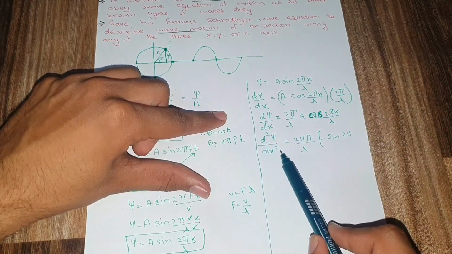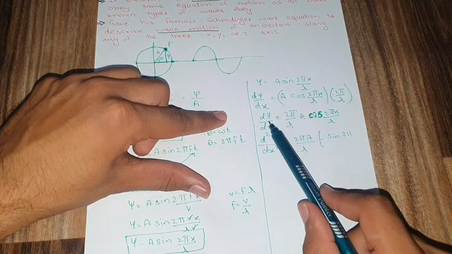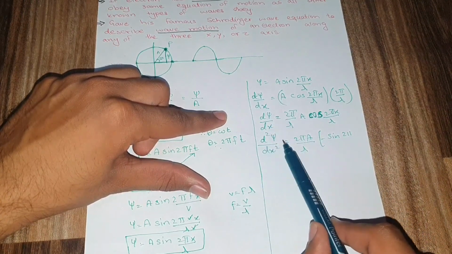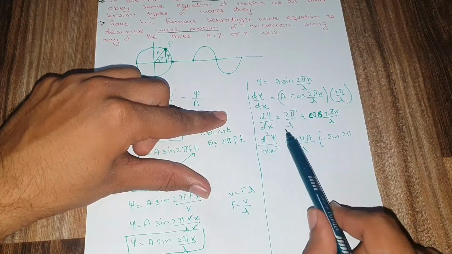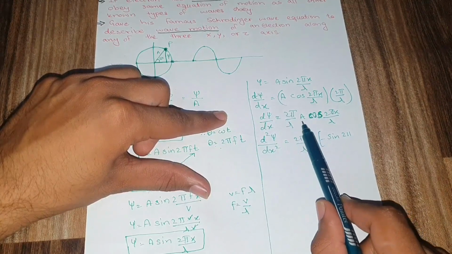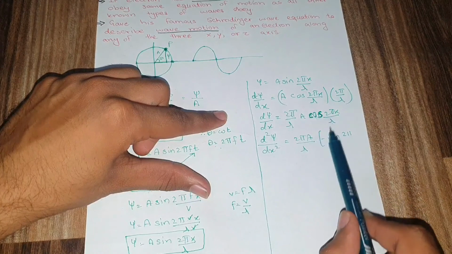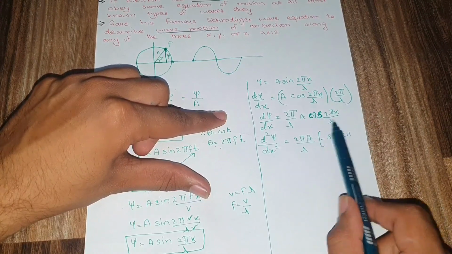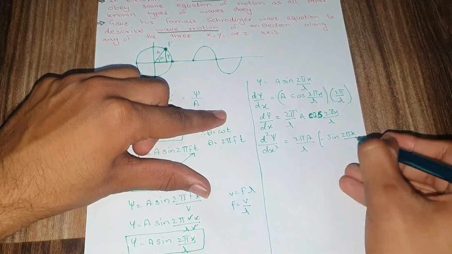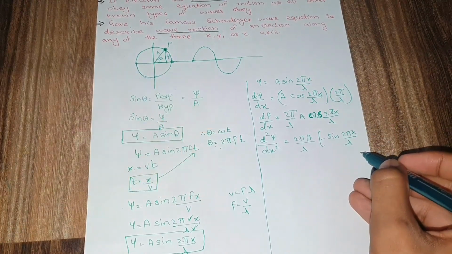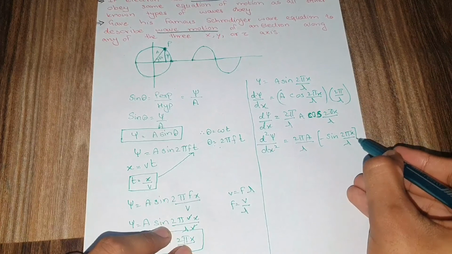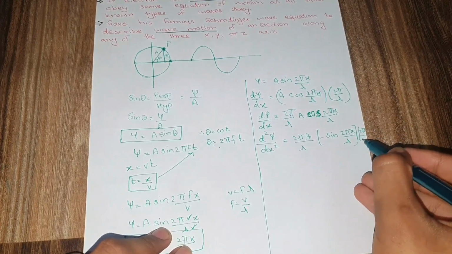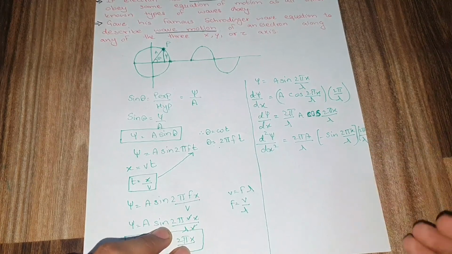This is 2 pi A divided by lambda, the same. The cos changes into minus sine on differentiating. The 2 pi x over lambda is the same, and the extra factor added before will be added again, 2 pi divided by lambda.